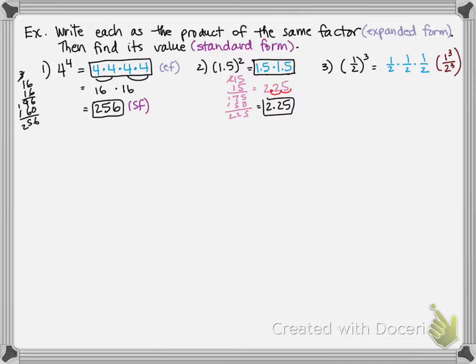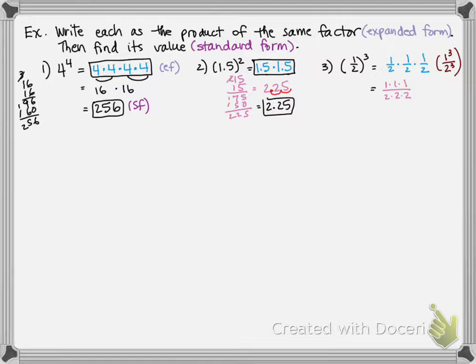And then we're going to do math. So it's just going to be 1 times 1 times 1 in the numerator and 2 times 2 times 2 in the denominator.